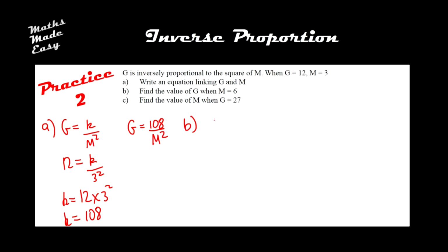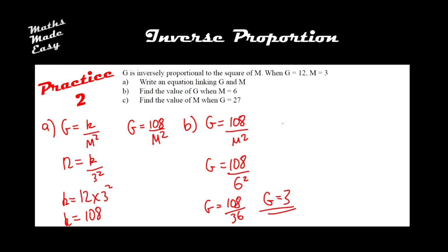For part B, we are given M is 6, so write out your formula once again, and then G equals 108 over 6 squared, because that's what M is. So G equals 108 over 36, and 108 divided by 36 comes out as 3, so G is 3.